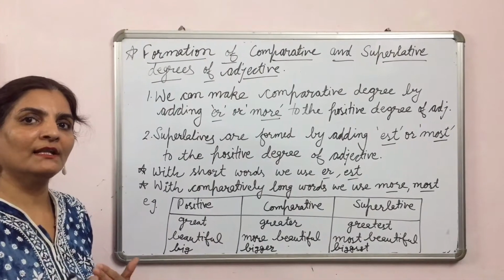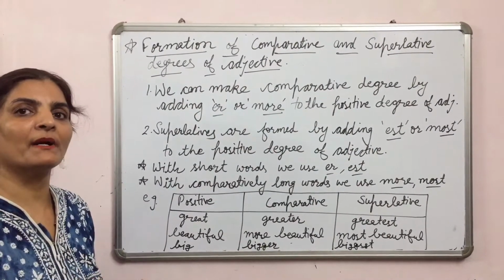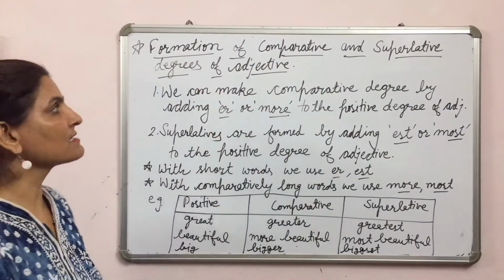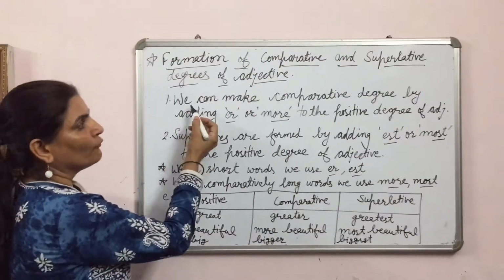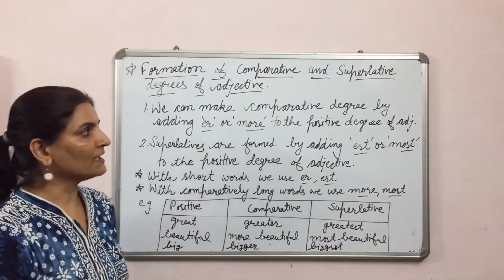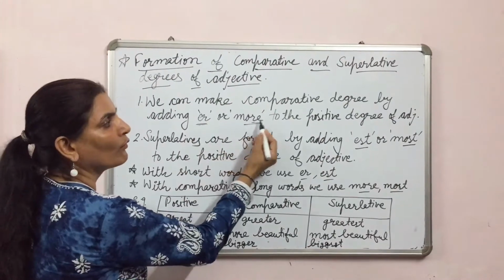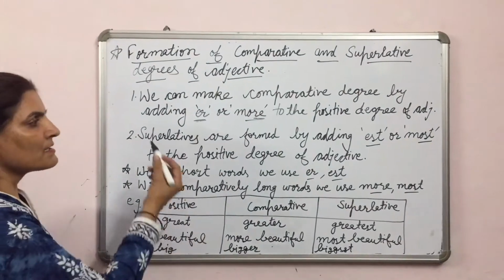Students, now we will learn how to form comparative and superlative degrees. Formation of comparative and superlative degrees of adjectives. We can make comparative degree by adding er or more to the positive degree of the adjective.